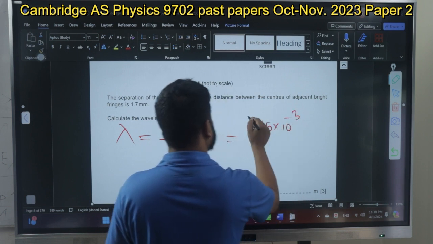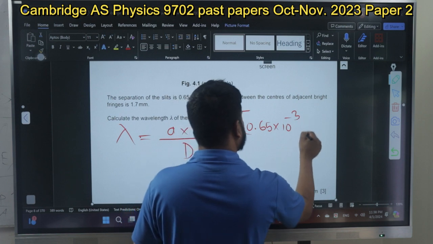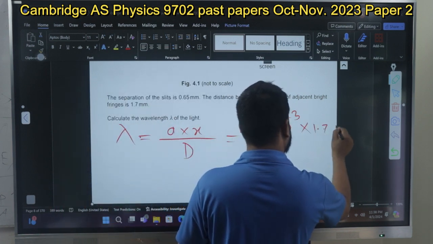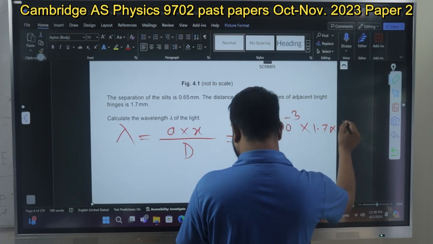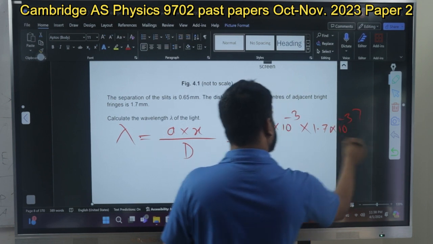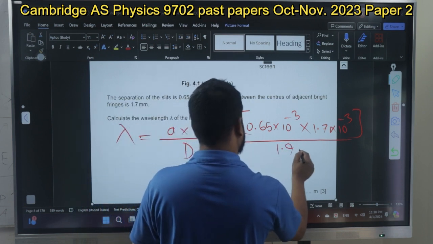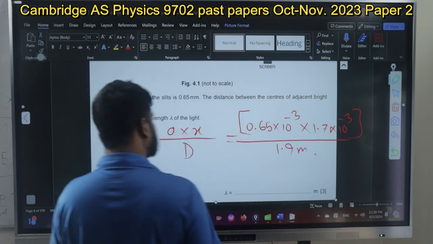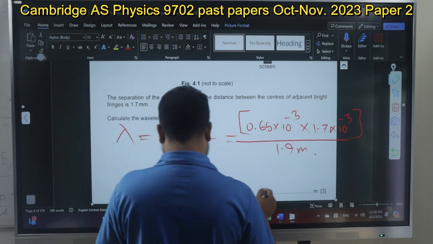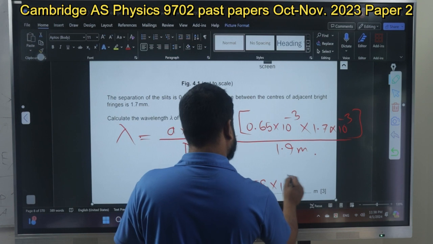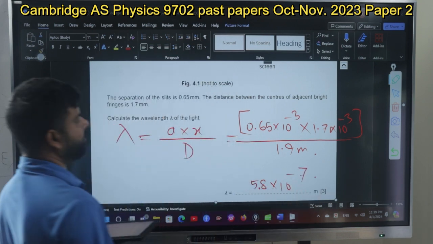We have to convert millimeter into meter. x is 1.7 times 10 to the power minus 3, divided by D, which is 1.9 meter. So the answer is 5.8 times 10 to the power minus 7 meter.